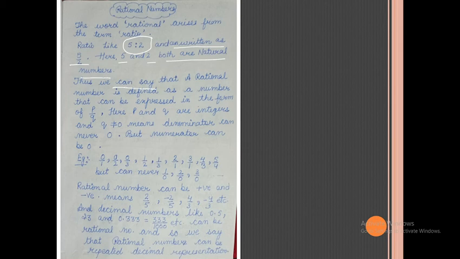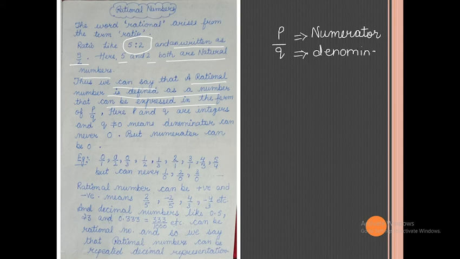Thus we can say that a rational number is defined as a number that can be expressed in the form of p by q. p denotes the numerator and q denotes the denominator, but q is not equal to 0, which means the denominator can never be equal to 0.